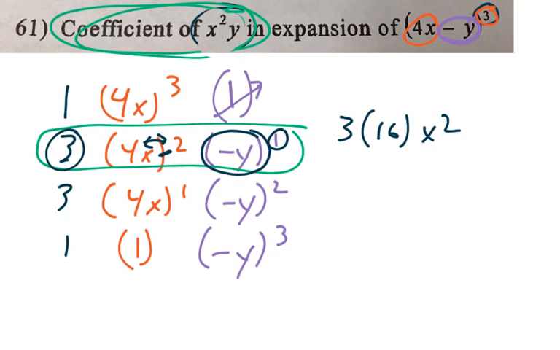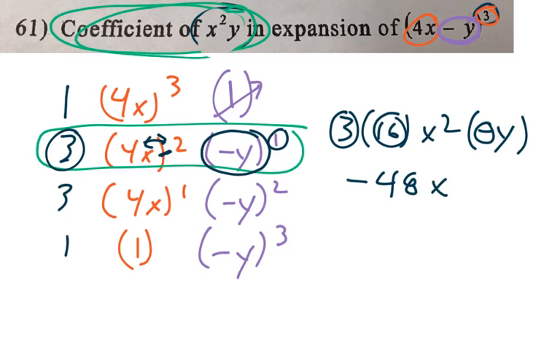Notice the -y to the 1 means we still have a negative y, right? And a negative times a positive is going to be negative 48 in this case, x squared y. So the answer is going to be negative 48. That is the coefficient of x squared y. Pause the video if you need to.